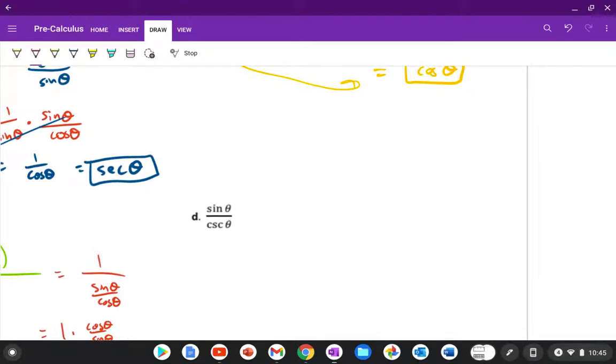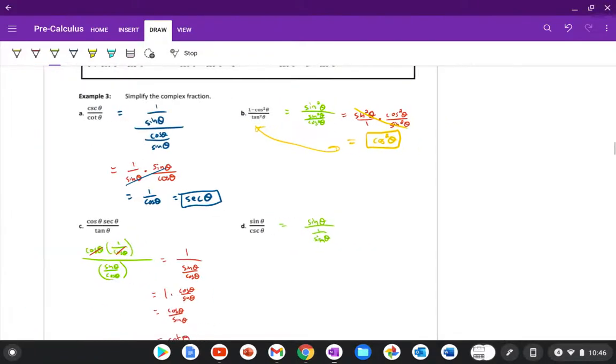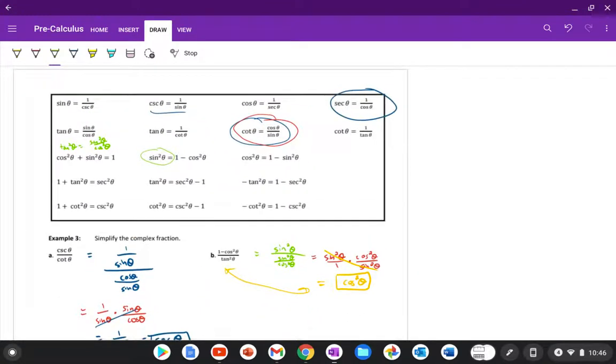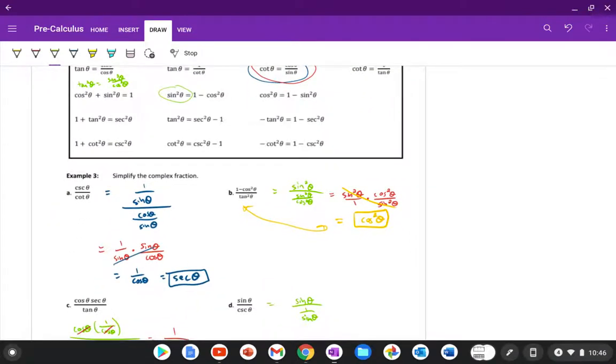And our last one here, the top is already in sine, so we're just going to keep it as sine of theta. The bottom is cosecant, which is 1 over sine theta. If you need to keep referring to this chart, don't worry about that, right? I don't expect you to have all of these memorized by now. I have them memorized, but you might not. I've been teaching math for a while. So if you don't have them memorized, that's fine.